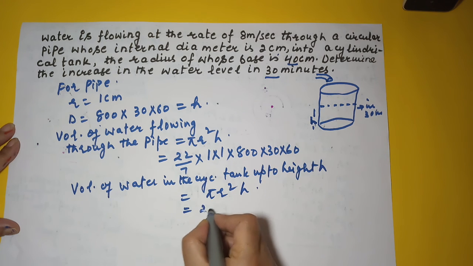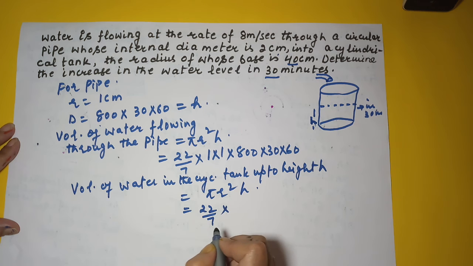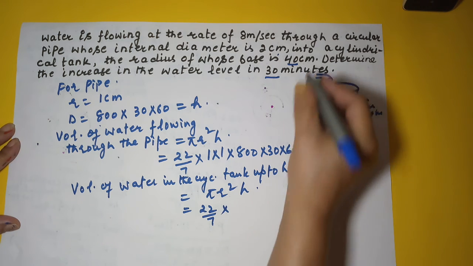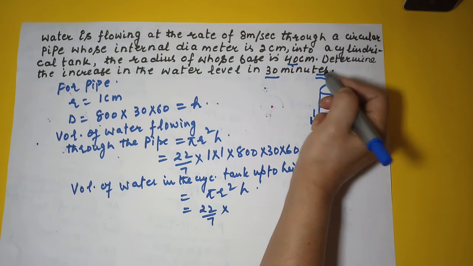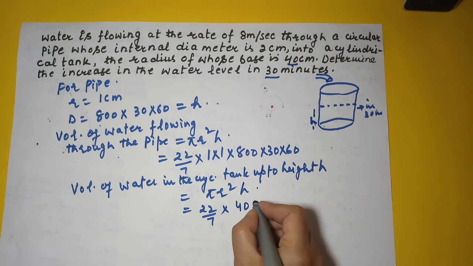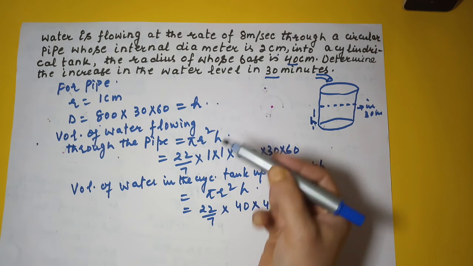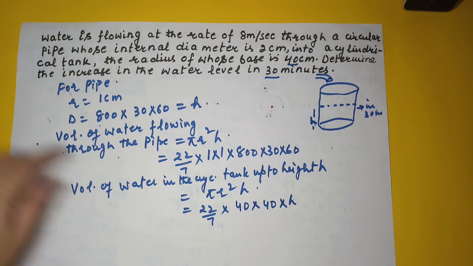So pi is 22 by 7, radius is 40, into 40, and height I have to calculate. So I can equalize these two volumes, right?